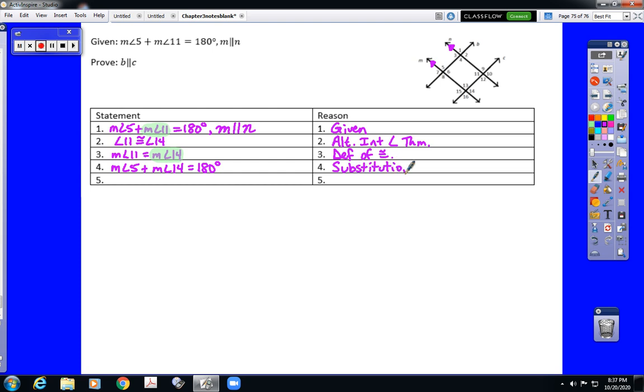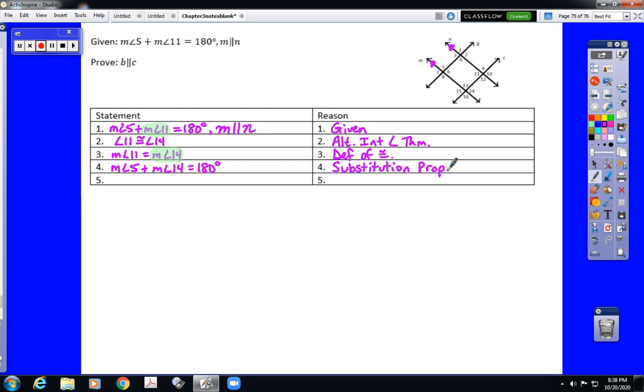Now the reason why that's valuable is because angle 5 and angle 14 have a vocabulary word that describes them. They are outside of the parallel lines, which makes them exterior. They're on the same side of transversal M, which makes them consecutive.